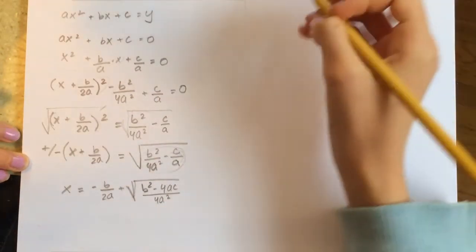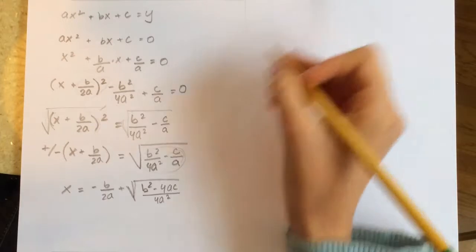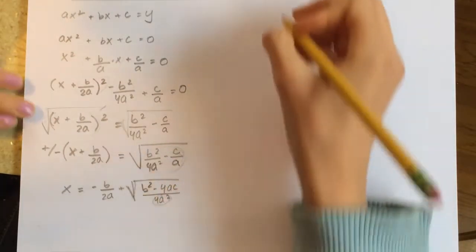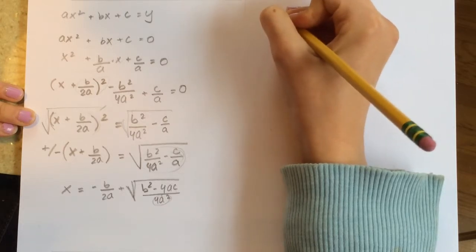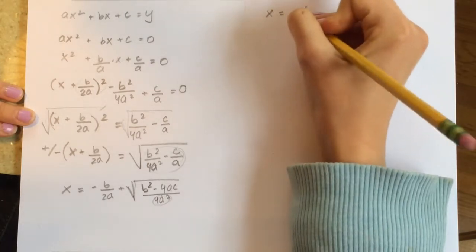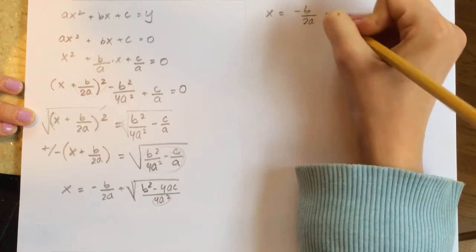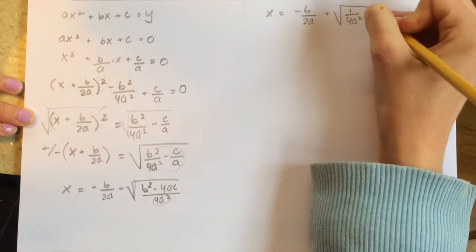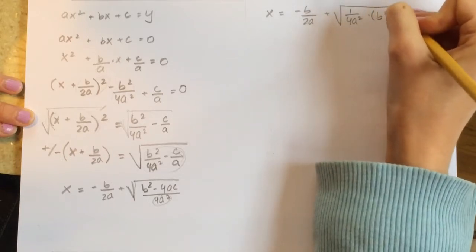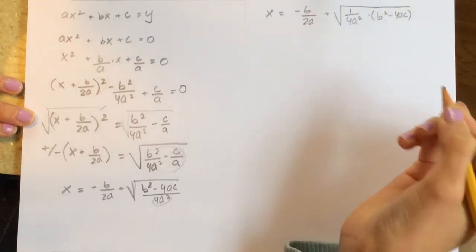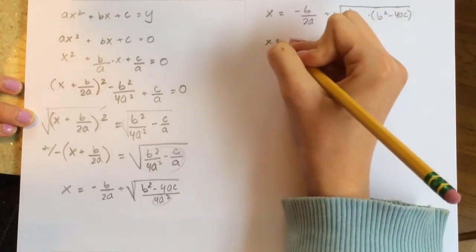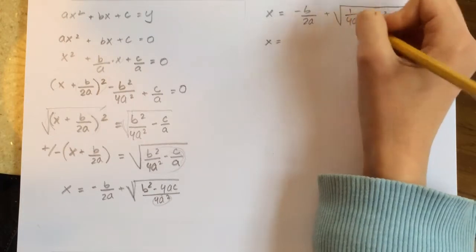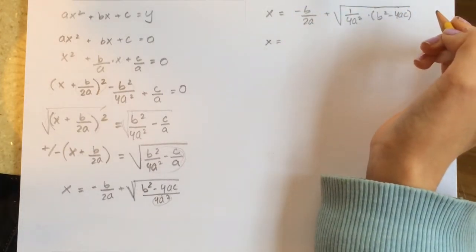Okay, so moving on. Now we know that this term is actually equal to x equals minus b divided by 2a plus the square root of 1 divided by 4a squared times b squared minus 4ac. And so, using what we know about perfect squares, we know that 1 divided by 4a squared is a perfect square.